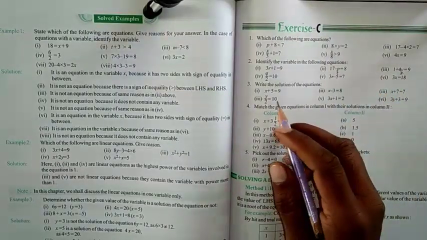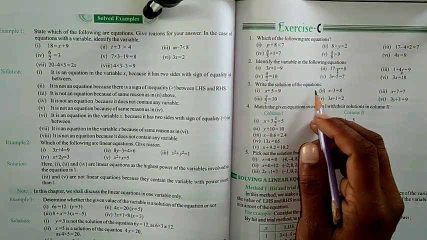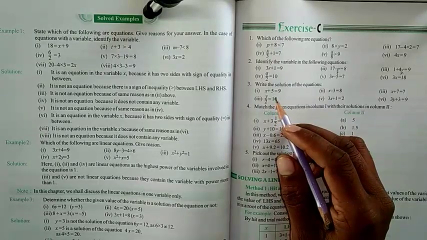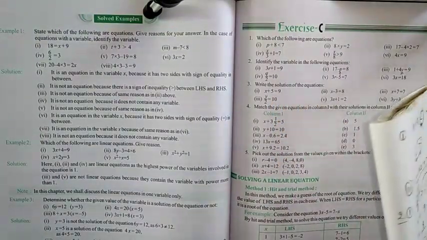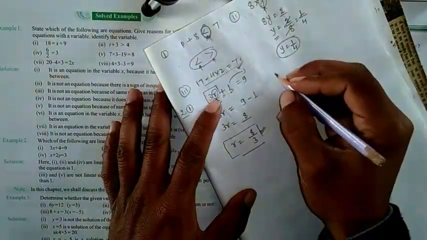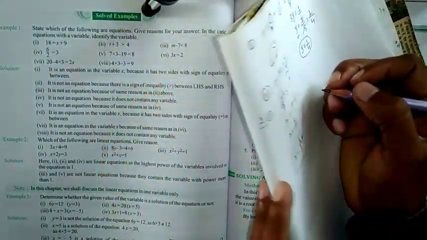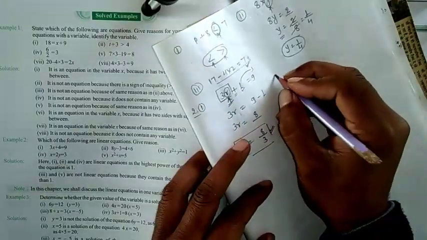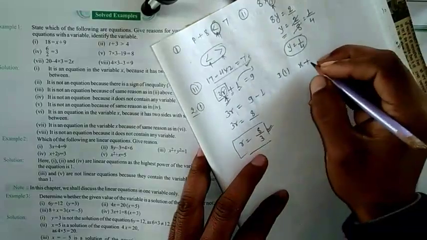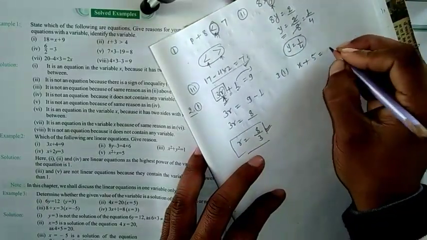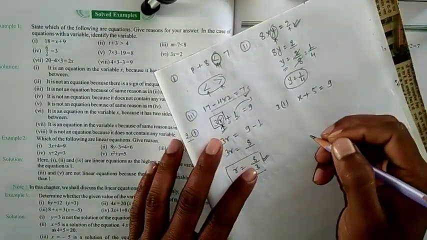Then after, question number 3, write the solution of the equation. Here we will find out the value of the variable. The first question is x plus 5 equal to 9. First we will check the variable.